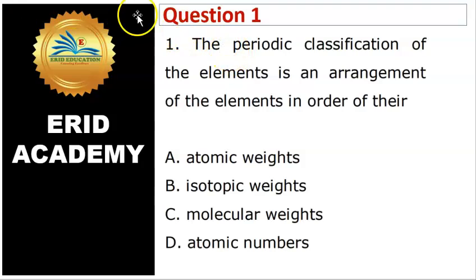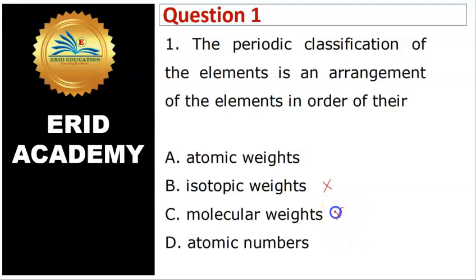If you look at the options here, you have isotopic weight, which will not be anywhere near the correct answer. You can use the principle of elimination here. Not all elements exhibit isotopy, so elements in the periodic table could not have been arranged in order of isotopic weight.